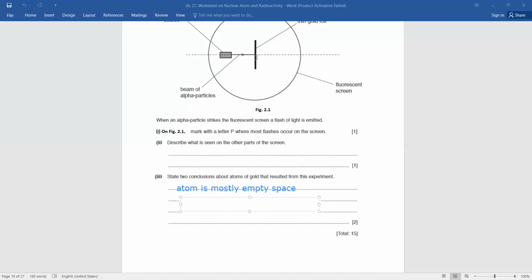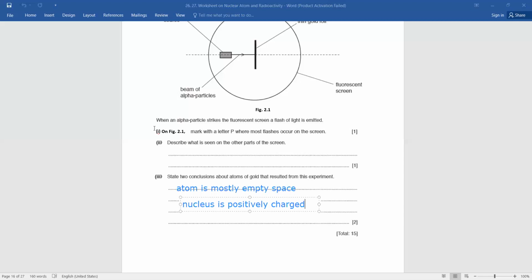That's why we can conclude that the nucleus is positively charged. The second finding is that the nucleus is positively charged.